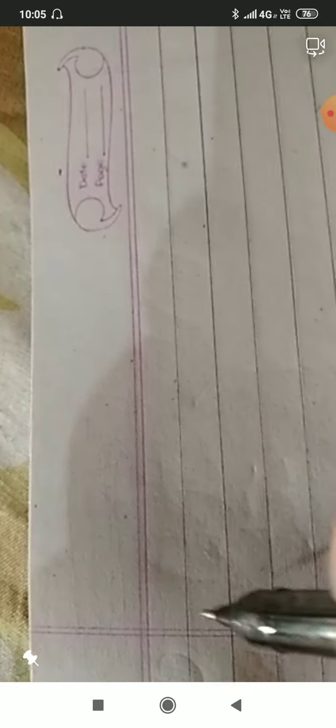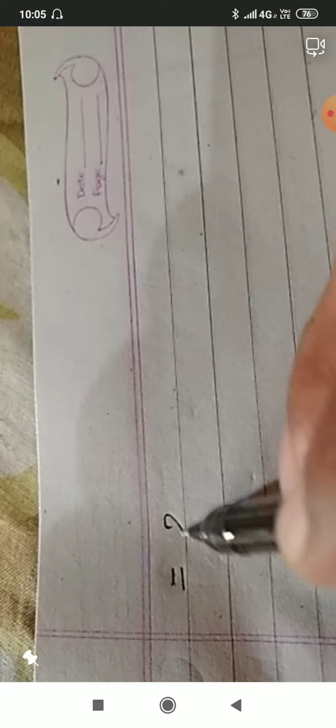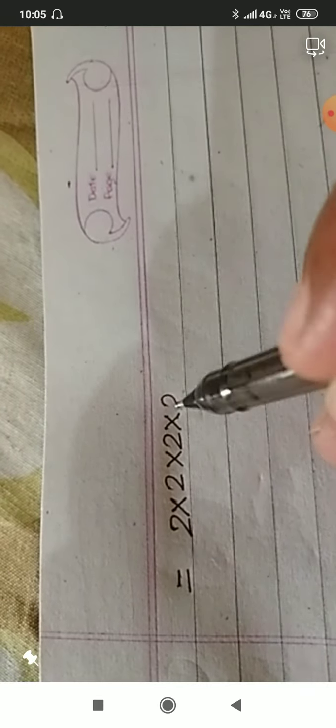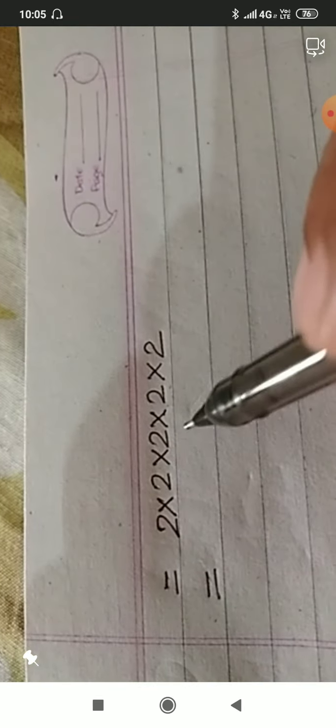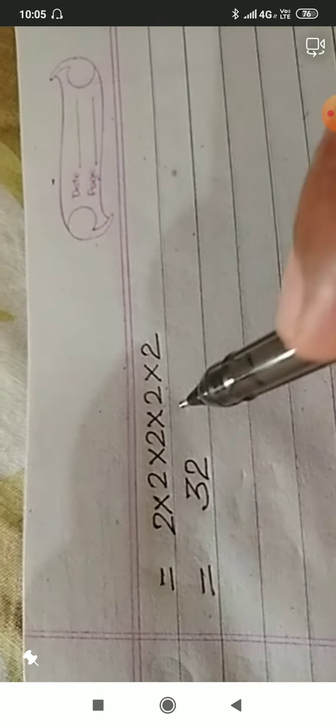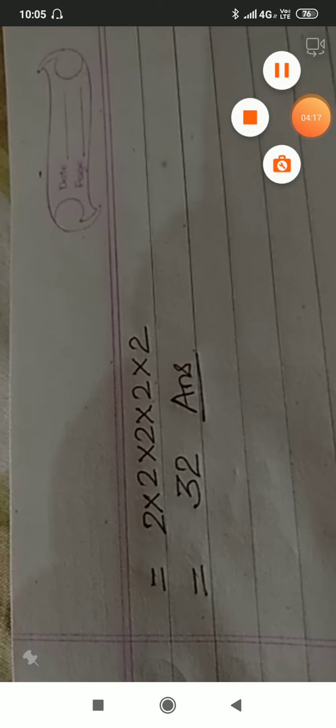Now 2 to the power 5 we can write as 2 into 2 into 2 into 2 into 2, 5 times. Now when we multiply, we get 32. So 32 is our answer.